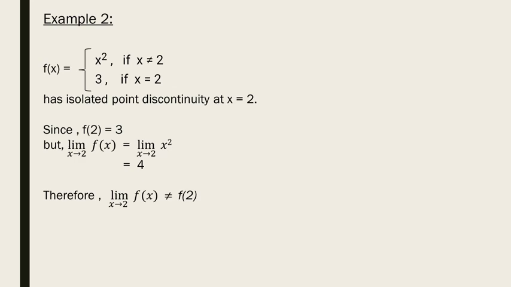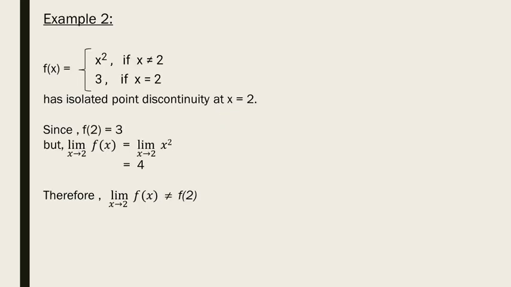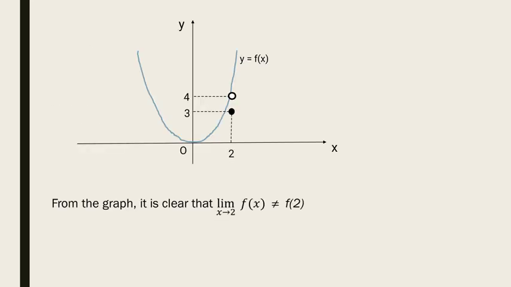At x equal to 2. If you observe the graph, f of x equal to x square is a square function, so the graph will be a parabola. But at exactly 2, what is the function value? 3. But what do you get as the limit of the function? 4. So automatically the graph must have a hole at 2.